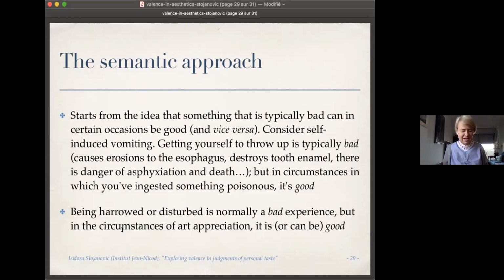I mean, it's pretty clear that it's something bad, but there are circumstances in which it becomes a good thing. Namely, if you're in a circumstance where you've previously ingested something poisonous, inducing yourself to vomit is probably the best thing that you could do.